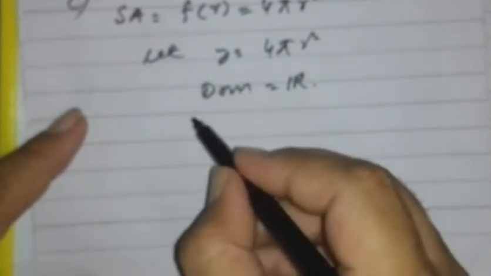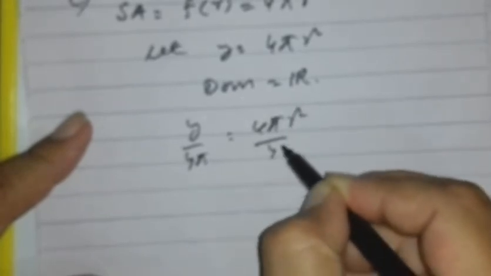And now for range, divide both sides by 4 pi, so here we get this 4 pi cancel with this 4 pi, we get here r square equals to y divided by 4 pi, take square root on both sides.